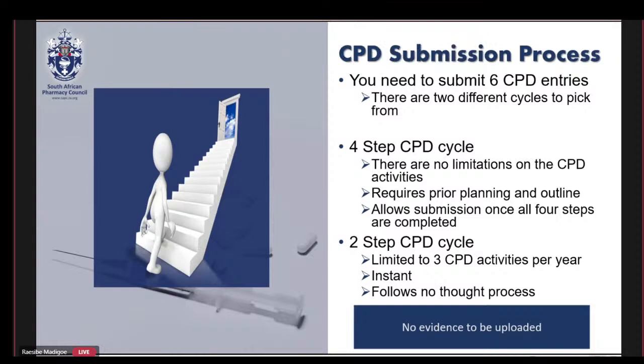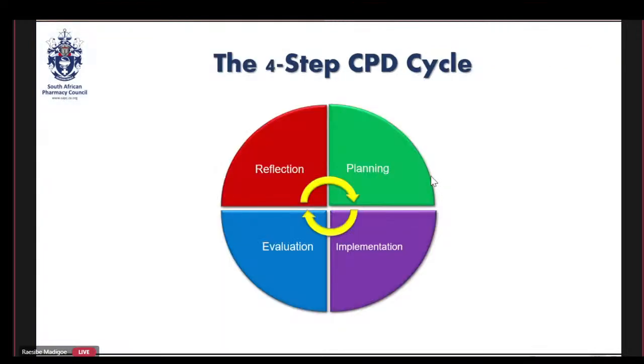So it's up to you whether you submit 3 from the 2-step plus 3 from the 4-step in order to make your 6, or you submit all 6 from the 4-step cycle. It's all up to you. The 4-step cycle consists of reflection, planning, evaluation, and implementation.